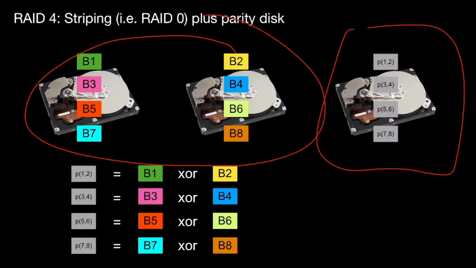And that parity is simply a bitwise XOR operation. So this block is a bitwise XOR of blocks 1 and 2. Block 1 XOR block 2 gives you this parity information.